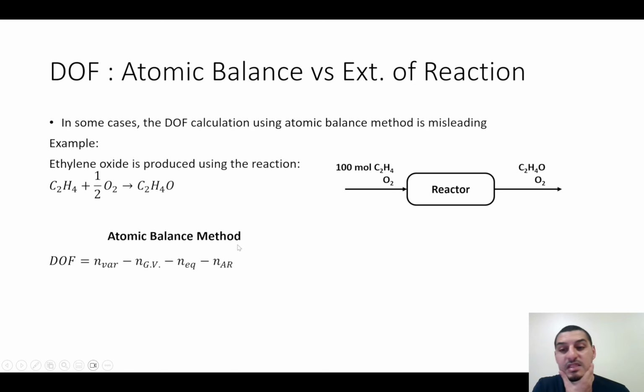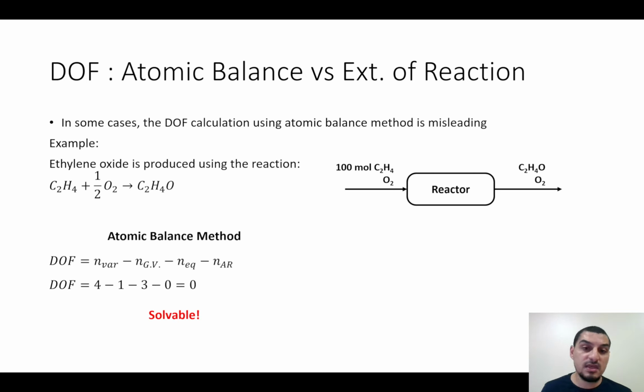Looking at the problem, the number of variables, again, this is the atomic balance method, we have 1, 2, 3, 4 variables. We have only one given variable. We have 3 equations, carbon, hydrogen, and oxygen, and no additional relations. So the degrees of freedom is going to be 0, which means that the problem is solvable.